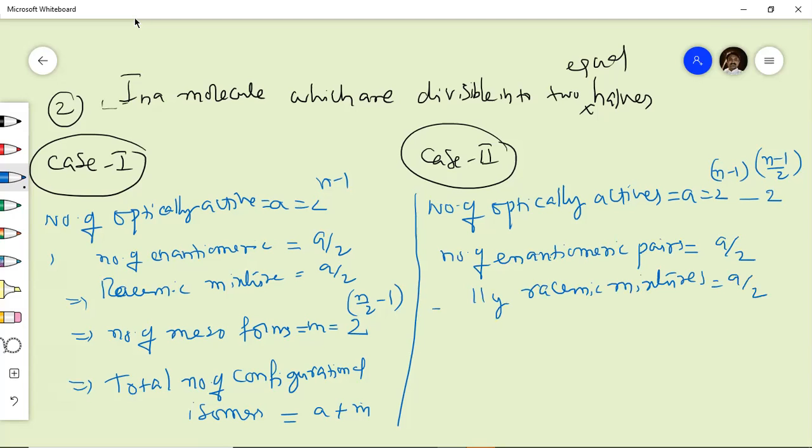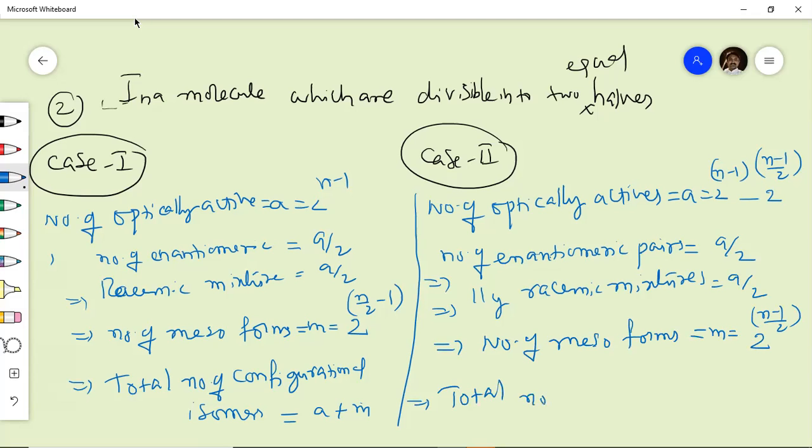But in this case, the number of mesoforms is given as m is equals to 2 power n minus 1 by 2. Okay. So what is the total number of configurational isomers in this case? Again the same. The total number of configurational isomers is A plus M. This is the formula.